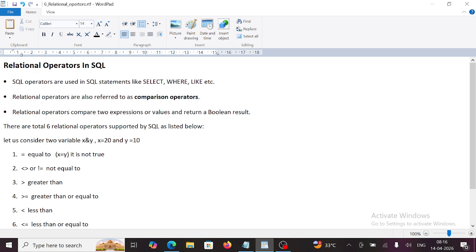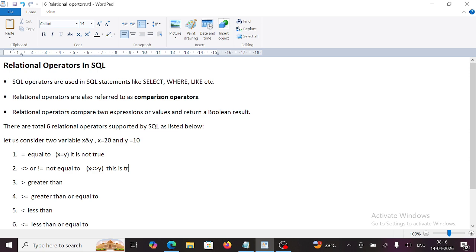Then in the next situation, how will this work? X not equal to y. So 20 is not equal to 10. Yes, it's true, so it will return a true value.